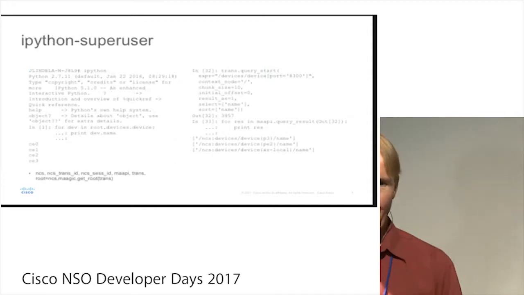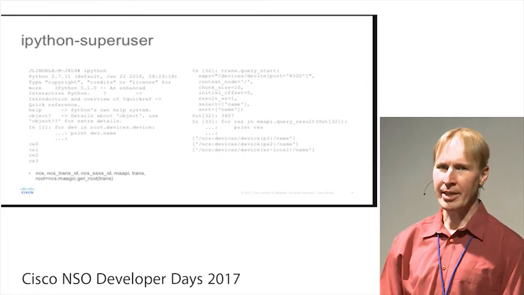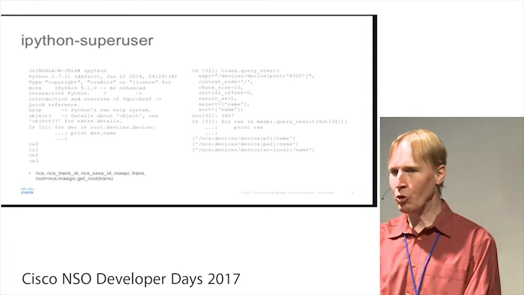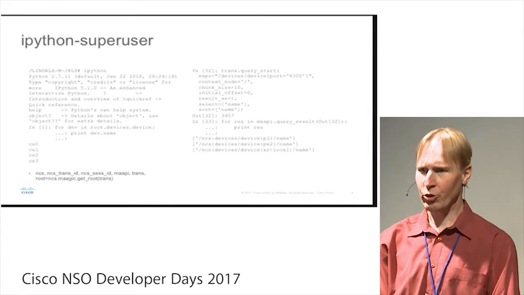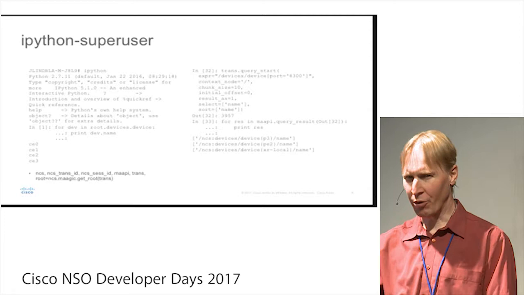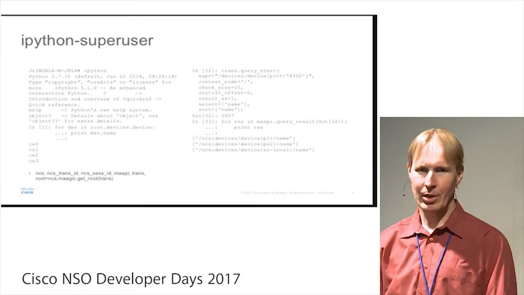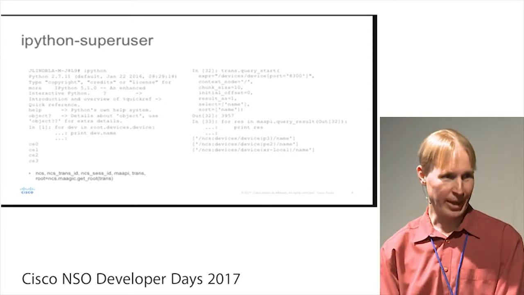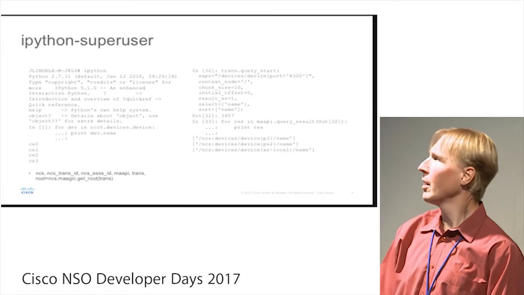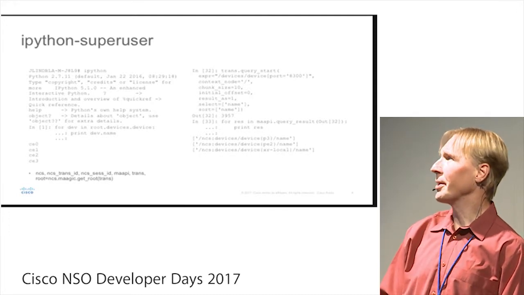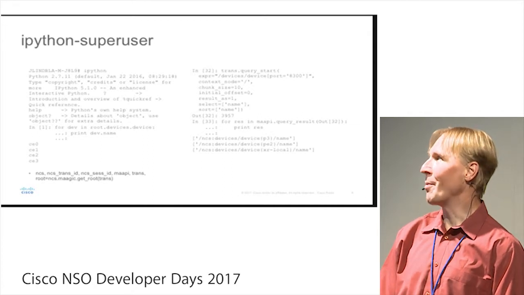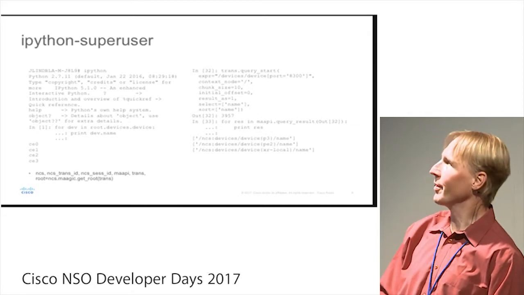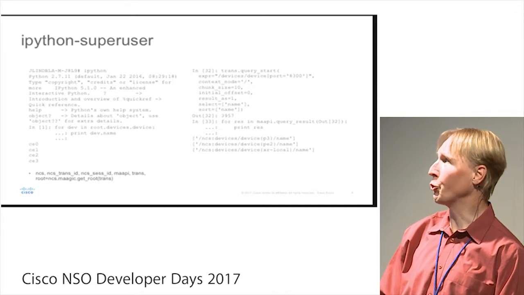When you are working with Python, it may sometimes be convenient, when you are in your transaction inside the NSO CLI or something like that, to ask what the Python representation for this object is, or what happens if I do an XPath select function on something right here. So it's easy to make a command in NSO, and in fact, we have one in a package called IPython superuser.